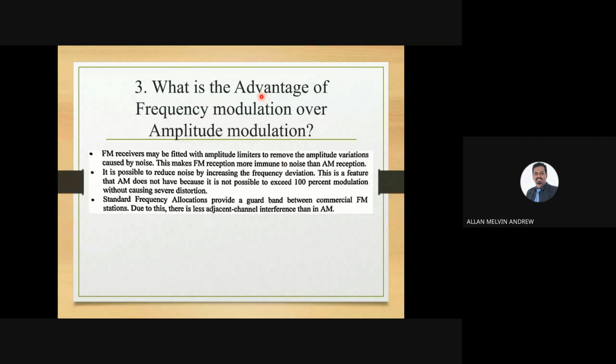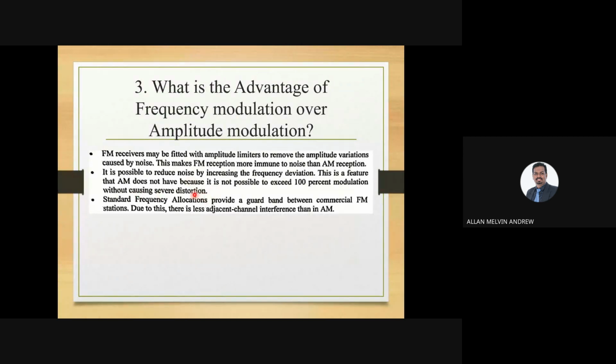Then the second point: it is possible to reduce noise by increasing the frequency deviation. So you can play around with the frequencies, change the variation, and do a lot of filtering to take only certain frequencies. This is a feature that AM does not have, because it is not possible to exceed 100% modulation without causing severe distortion.